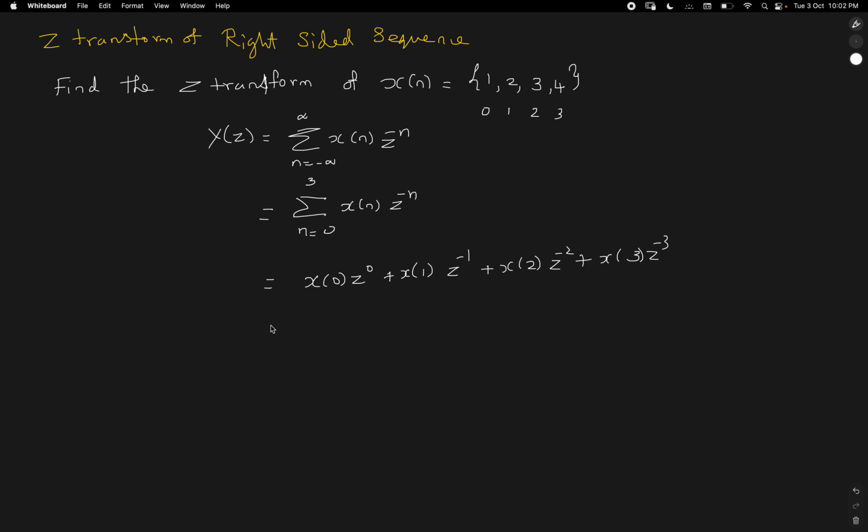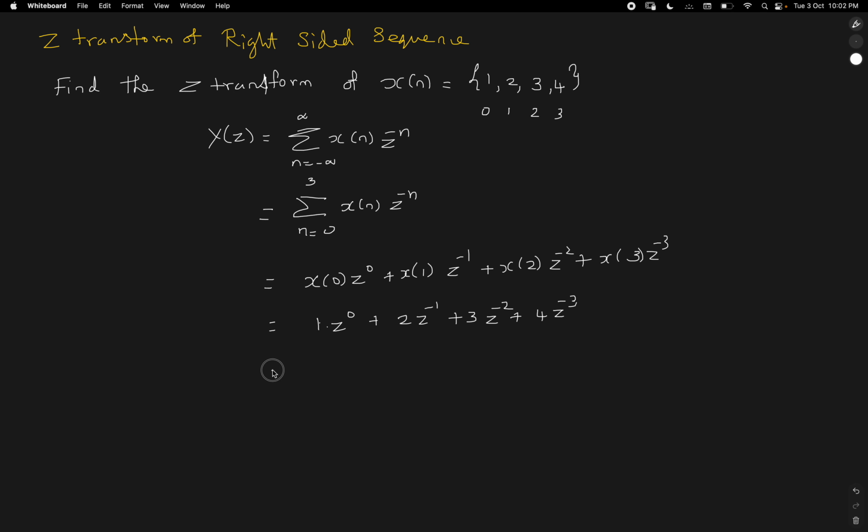Here we know the values of x of 0, x of 1, x of 2 and x of 3. Just substitute those values, then you will get 1 into z power 0 plus 2 into z power minus 1 plus 3 into z power minus 2 plus 4 into z power minus 3.